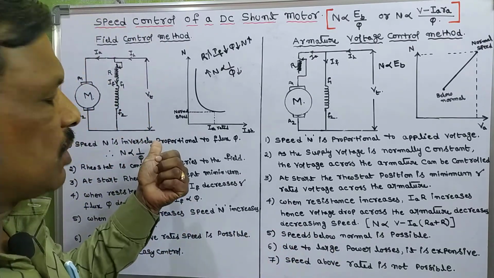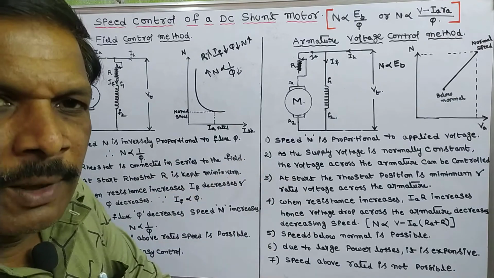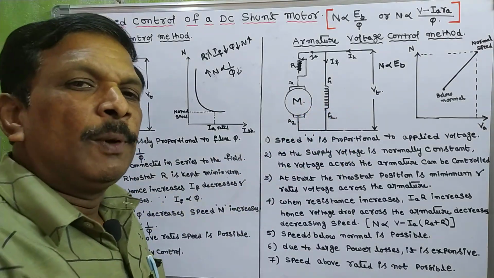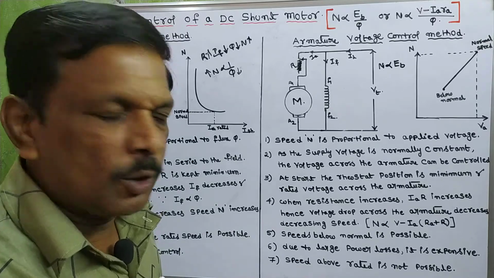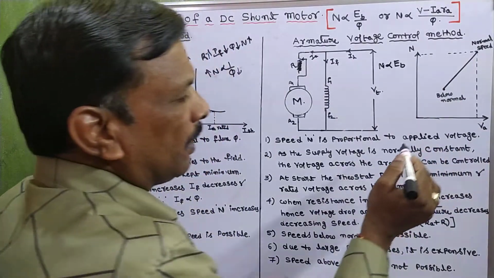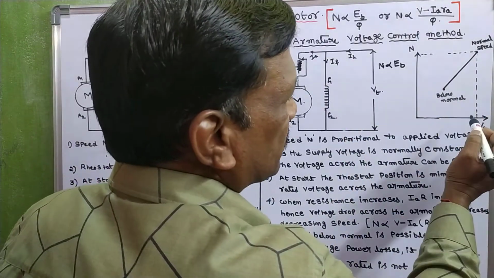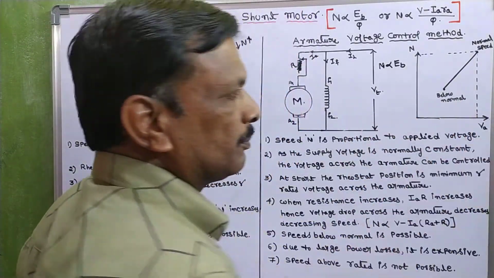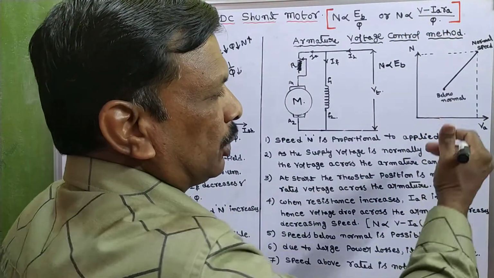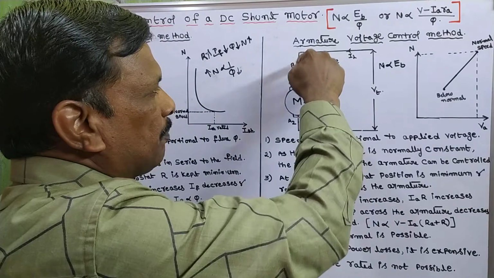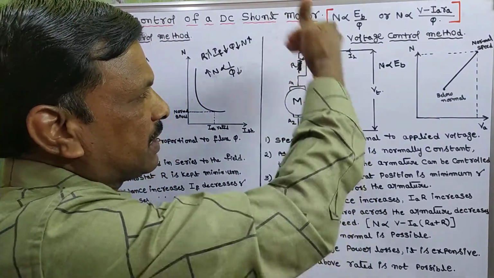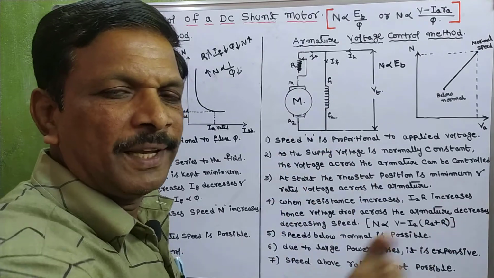So flux control method gives above normal speeds and armature control method gives below normal speeds. And this is the graph. When we increase the drop by varying the resistance, the drop will increase.